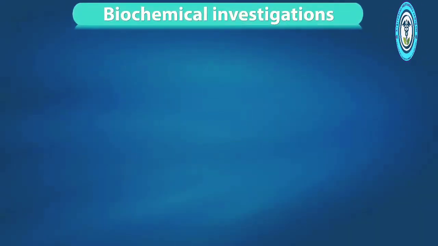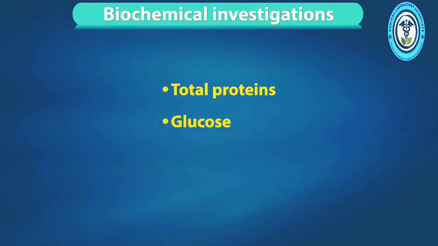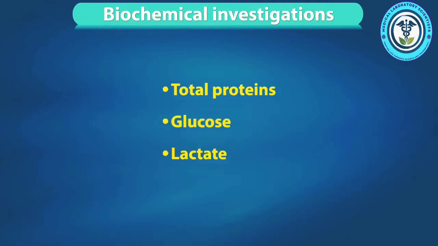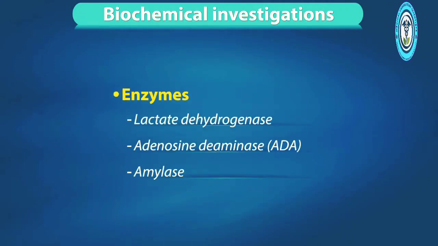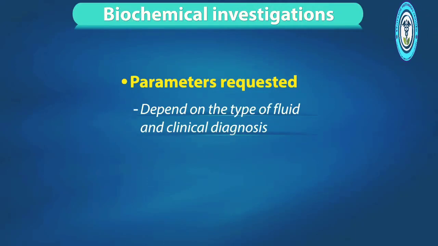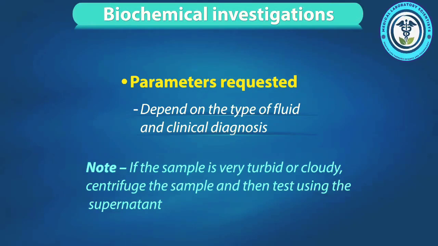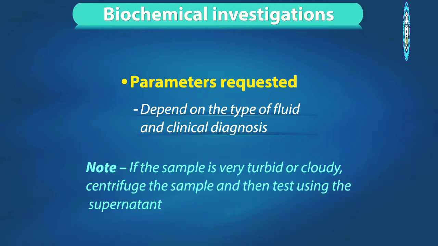Biochemical investigations usually include total protein levels, glucose, lactate, and enzymes like lactate dehydrogenase, adenosine deaminase, amylase, etc. The parameters requested will depend on the type of fluid and provisional clinical diagnosis. Note, if the sample is very turbid or cloudy, centrifuge the sample and then test using the supernatant.